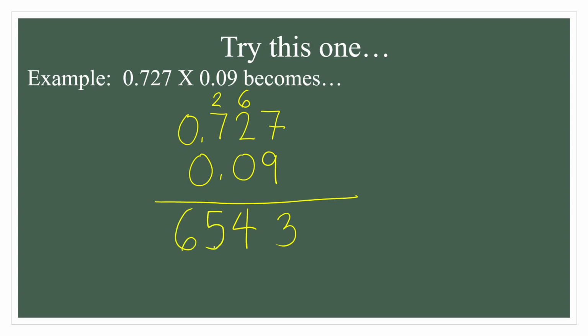Where will I place the decimal point? Add a 0, then the decimal point, and another 0. So I have 1, 2, 3, 4, 5 decimal numbers.